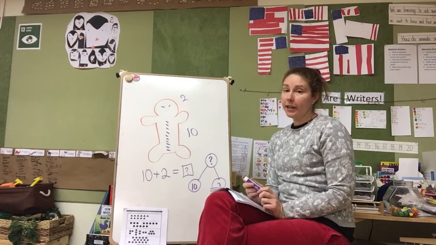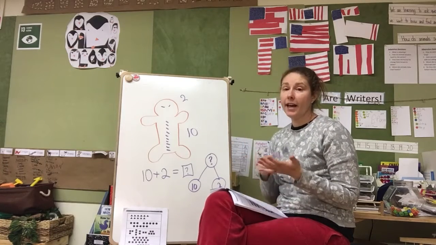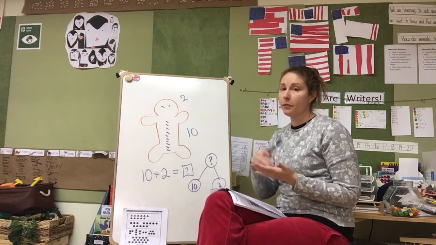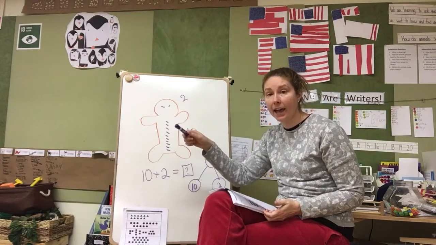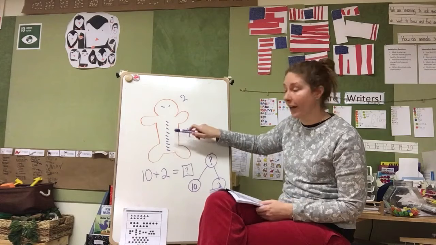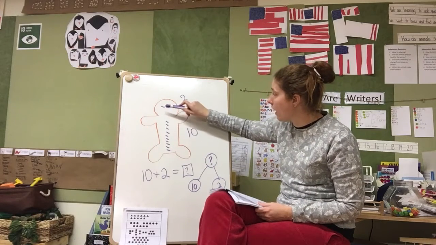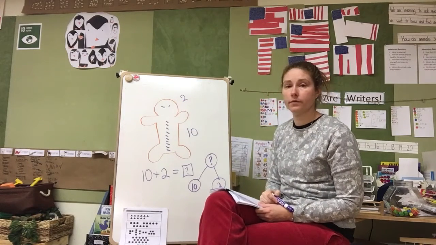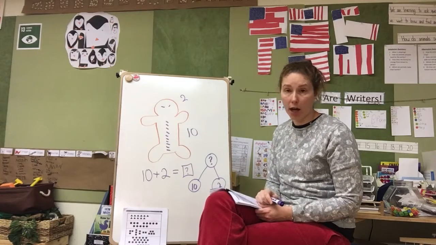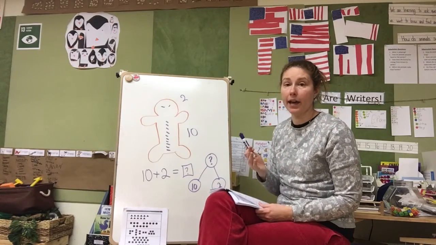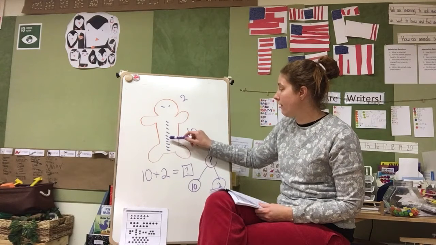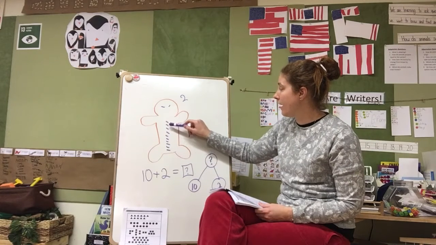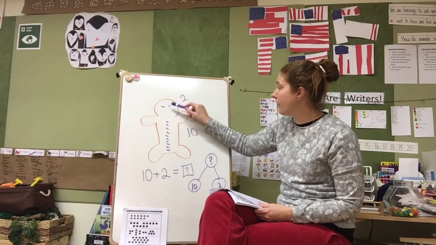So an easy way, if you don't know what 10 plus 2 equals, we can just count it, of course. 10, right? Like a shortcut. 10, 11, 12. If the shortcut you're not ready for yet, that's okay. Count each sprinkle. 1, 2, 3, 4, 5, 6, 7, 8, 9, 10, 11, 12.